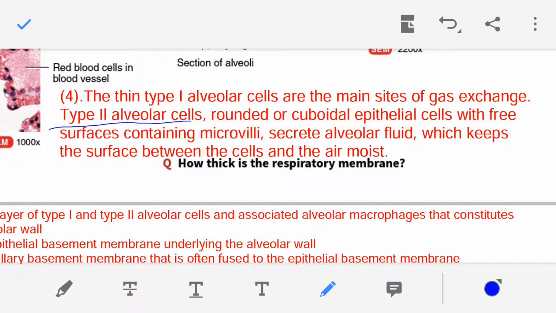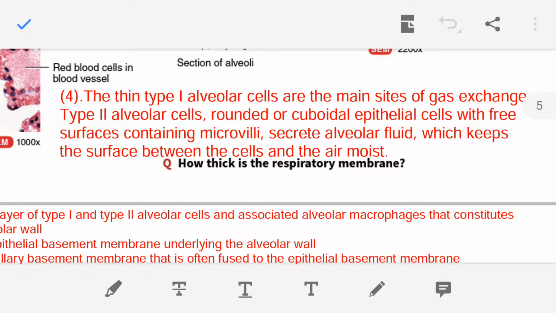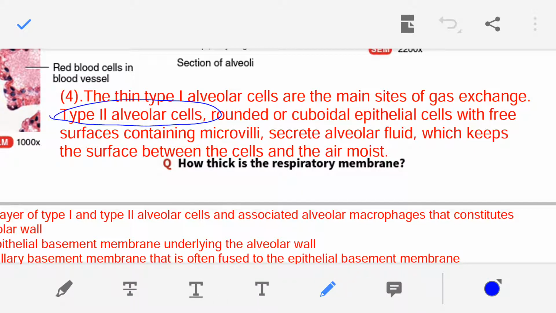Type 2 alveolar cells are rounded or cuboidal-shaped epithelial cells, and on the free surface of these type 2 alveolar cells, microvilli are present. These type 2 alveolar cells secrete alveolar fluid, and the role of this alveolar fluid is that it keeps the surface between the cell and the air moist.